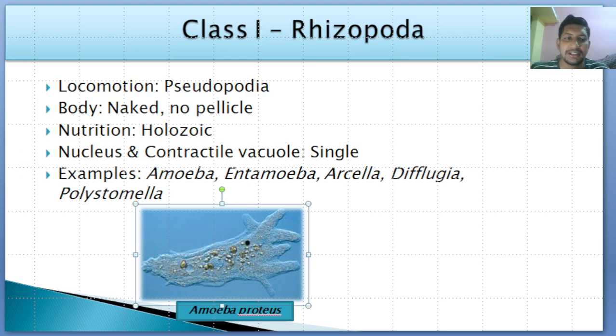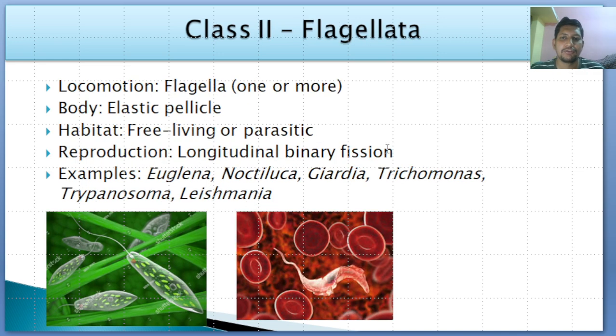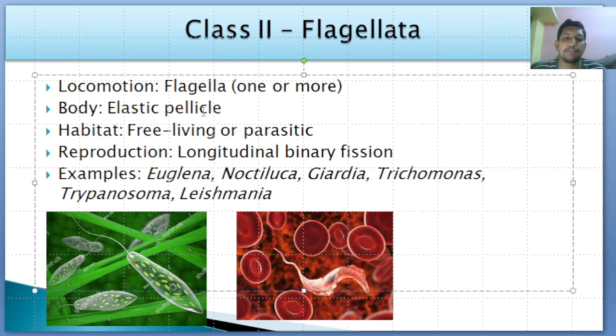Now coming to class 2 Flagellata. As the name indicates, Flagellata means the locomotory structures are flagella. In some cases only one flagellum will be there, and in some cases more than one flagellum will be seen. Another important character is that their body is covered by an elastic pellicle. In the Rhizopoda I told you that pellicle is absent, but in Flagellata the pellicle is present.